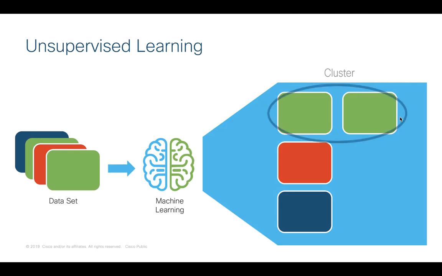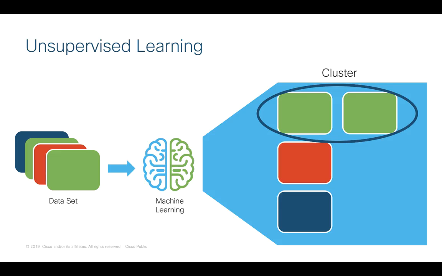And then it is able to actually identify things like clusters. So here we see a clear cluster of green, which might not have been as immediately apparent when we had the data set and we were looking at it without the advantages of machine learning.